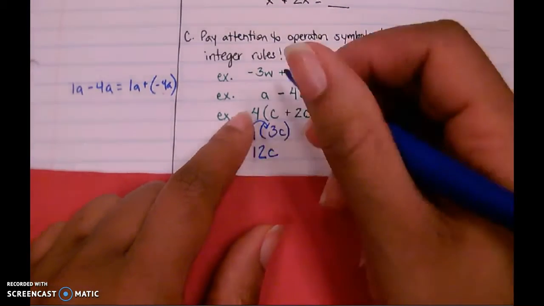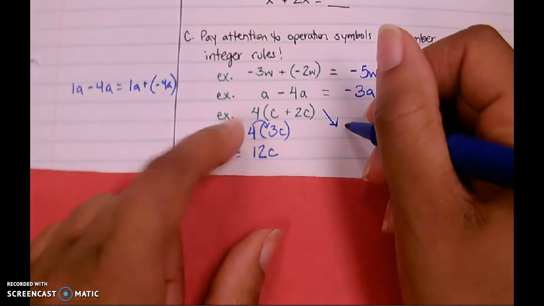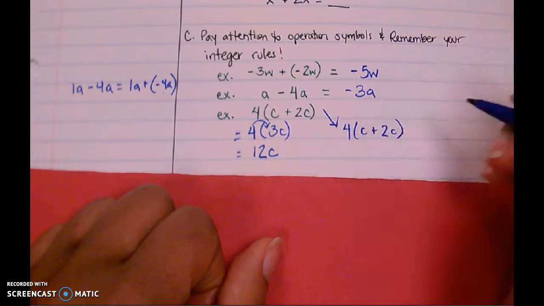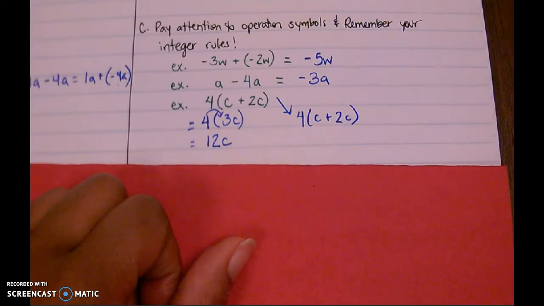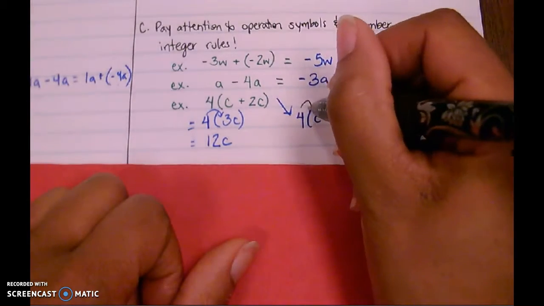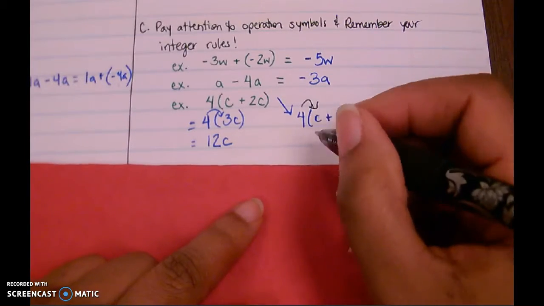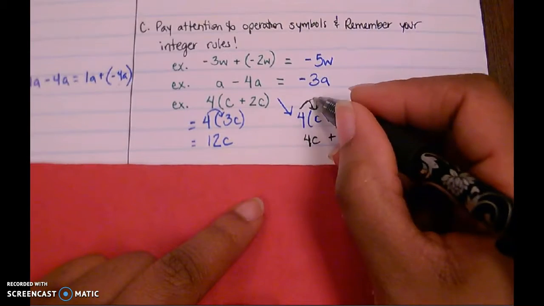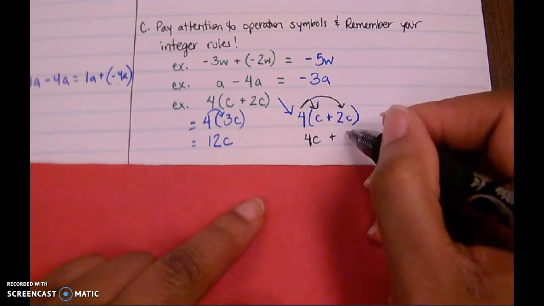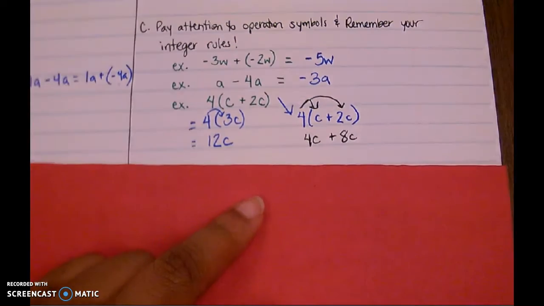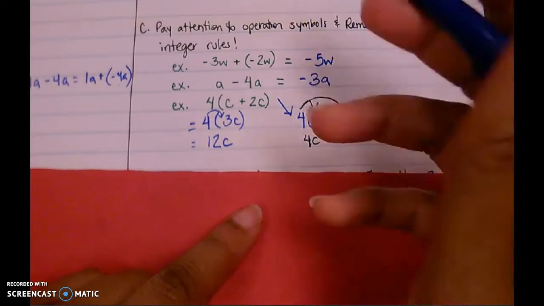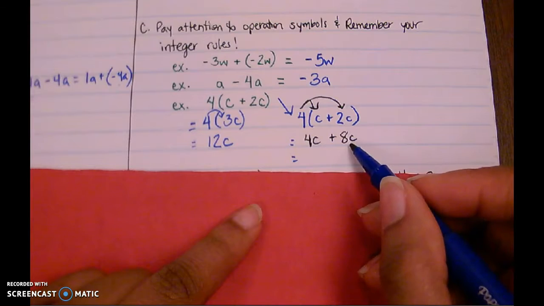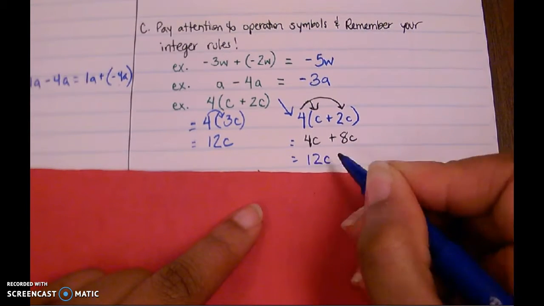We could solve it that way, or we could solve it this way. I'm going to write the problem over here. We could use the distributive property and say 4 times c is going to be 4c plus 4 times 2c is going to be 8c. Okay? Then we can combine those two terms. 4c plus 8c is going to give me 12c.